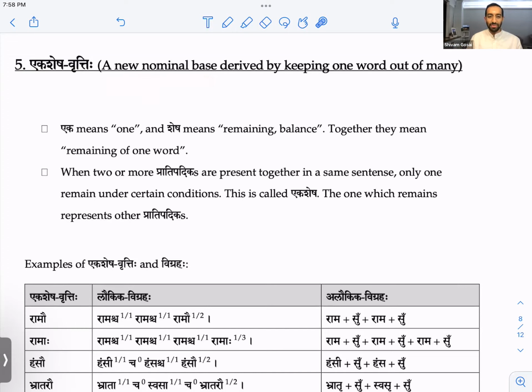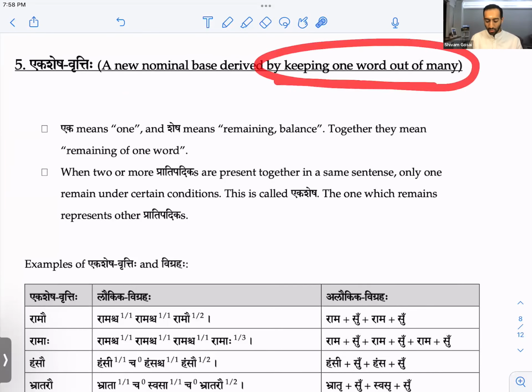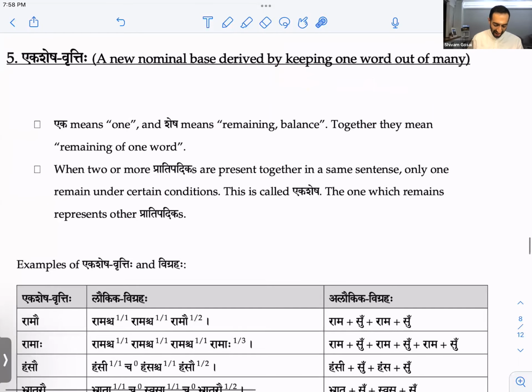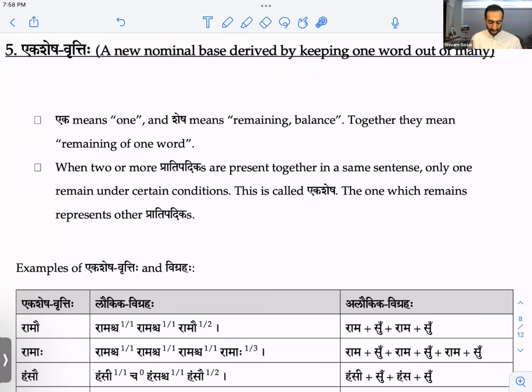It's questionable whether you're making a new pratipadika, but a new pratipadika, which is derived by keeping one word out of many. Okay, let's see this. Eka means one. Shesha means whatever is left over, the remaining balance.